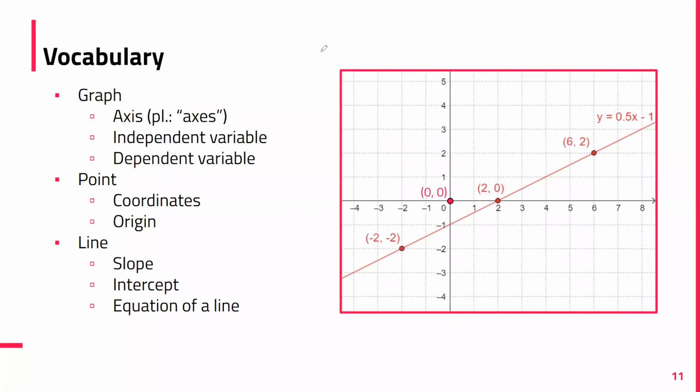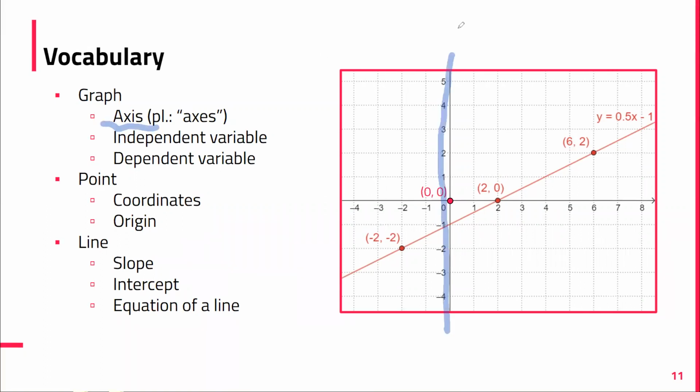The other vocabulary that we reviewed last time, so axes, or axis singular, we have the y-axis and also the x-axis. Which of these is usually the independent variable? X. So it doesn't need to be, but pretty much everyone draws their graphs like that.